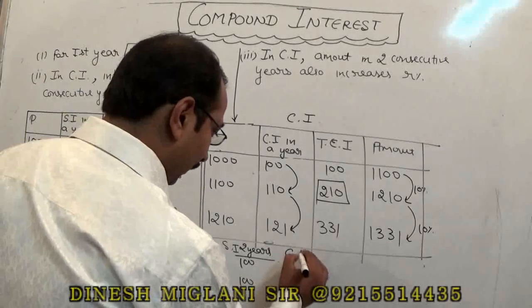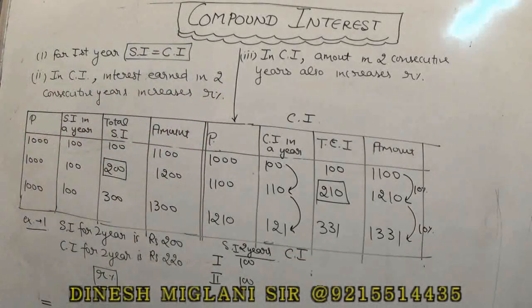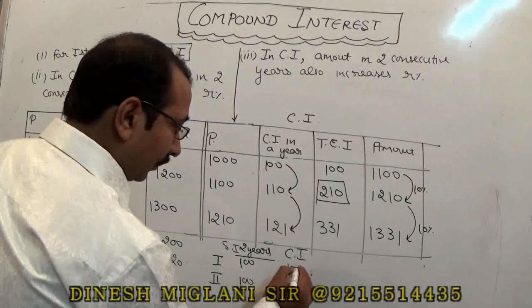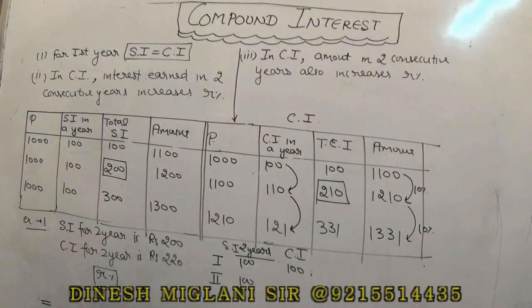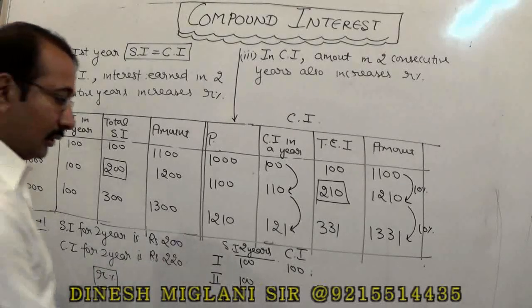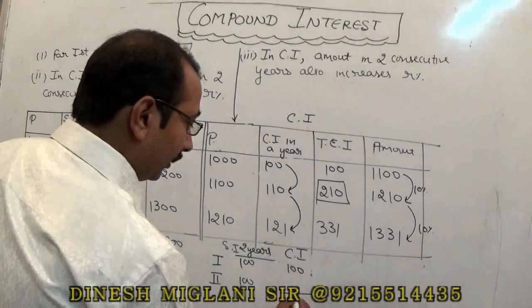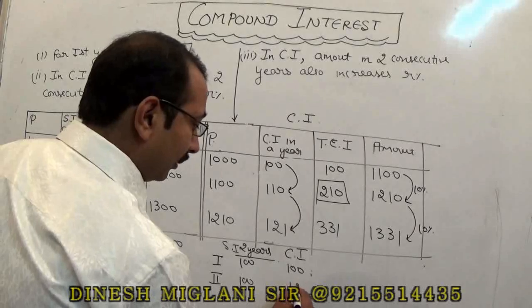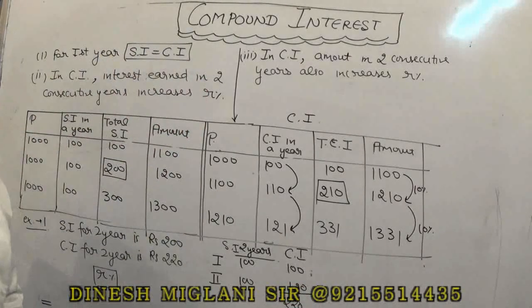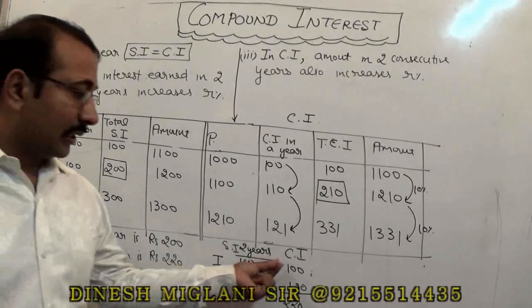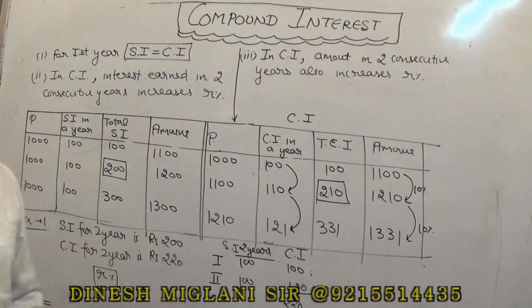When I take the case of compound interest, I know that for the first year simple interest is equal to compound interest, that is 100. In 2 years my total compound interest is rupees 220. It means in the second year my compound interest is rupees 120. So in the first year it is 100 and in the second year it is 120.